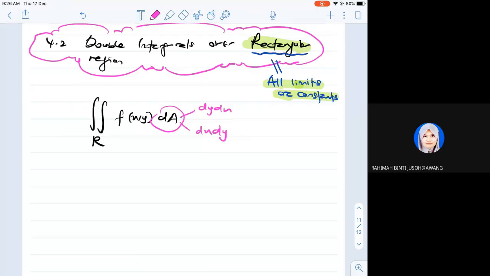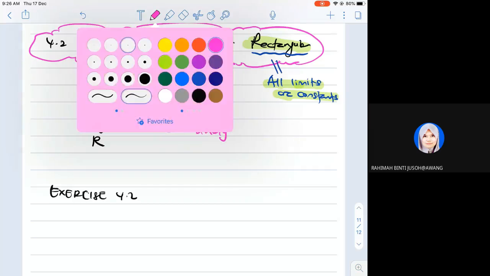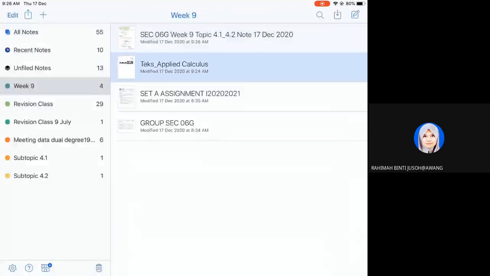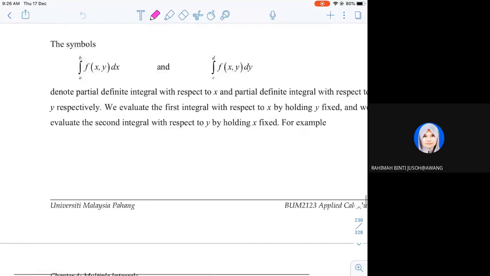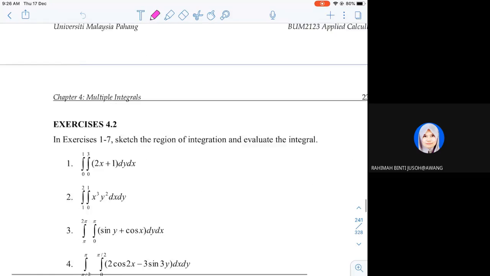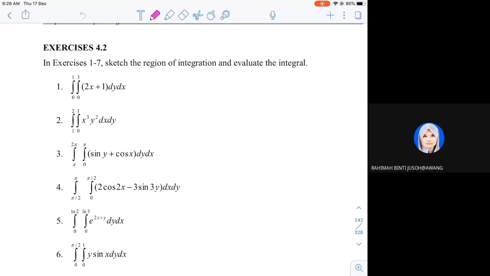Okay, so now let us proceed to exercise 4.2. Let's take a look at the question. Okay, let us do question number 1, the basic one, so that you can understand the concept.